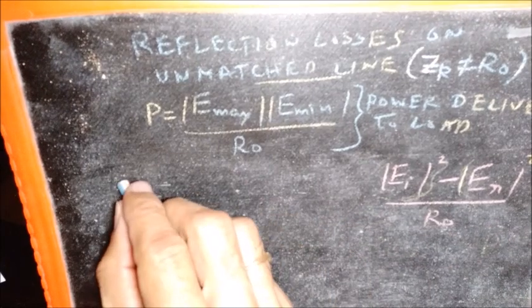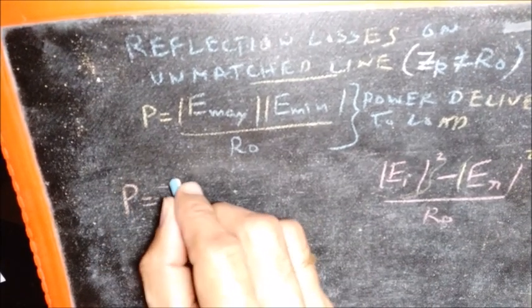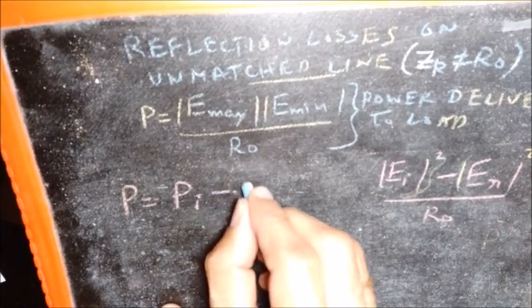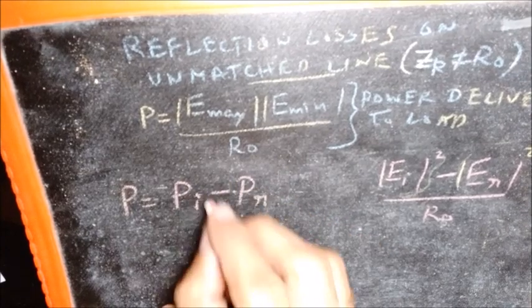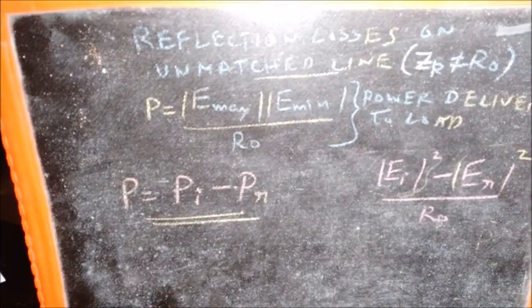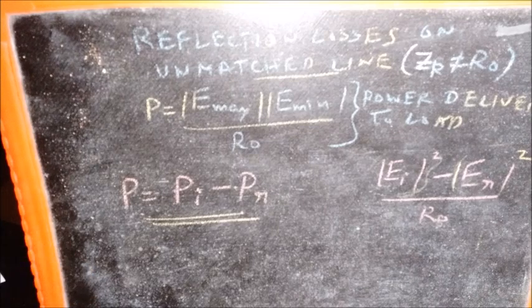And this then becomes: the power delivered to the load is equal to incident power minus reflected power. So what happens is that there is some power incident onto the load and there is some power reflected from the load. It is the difference between these two that the load actually absorbs, and that is P. This is the power delivered to the load.